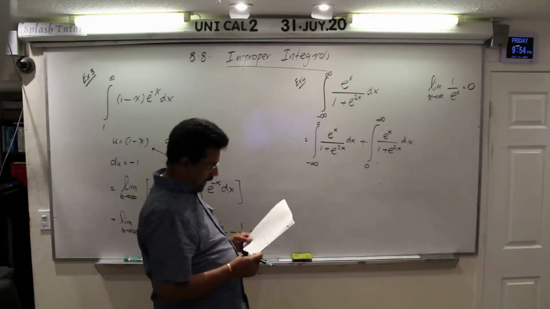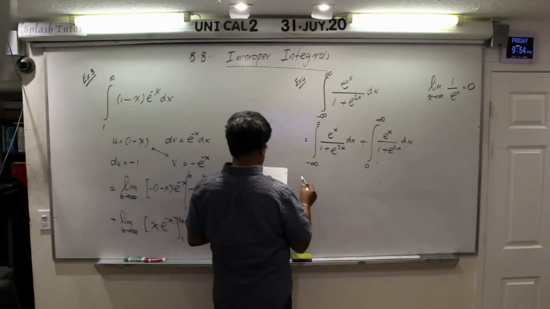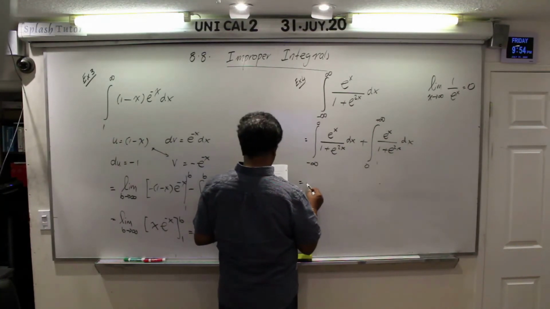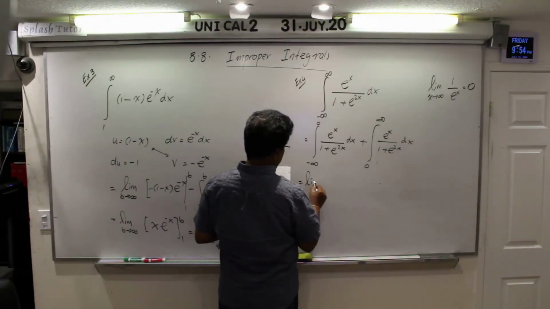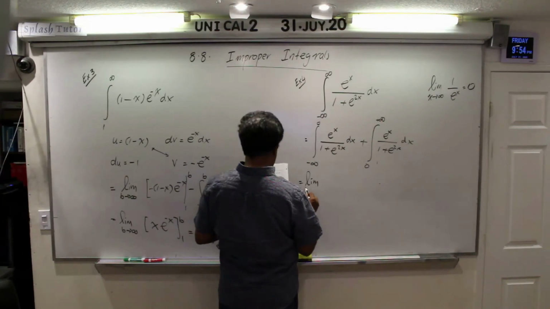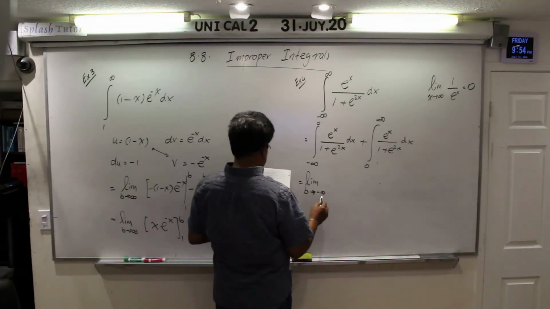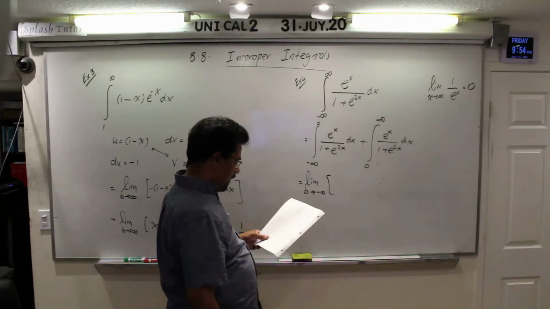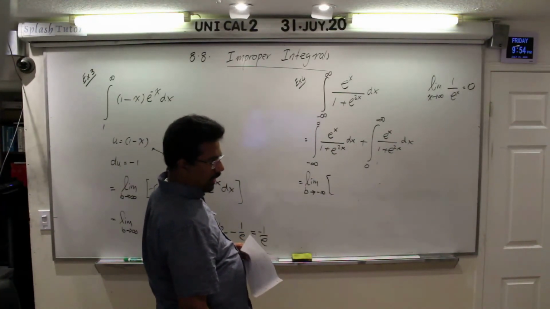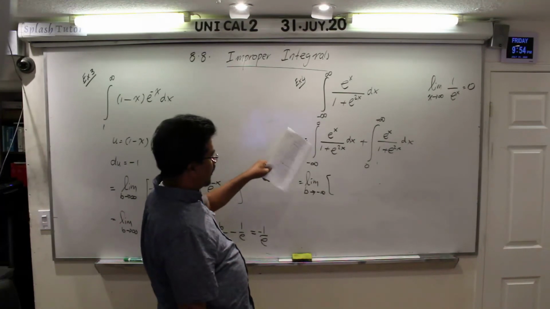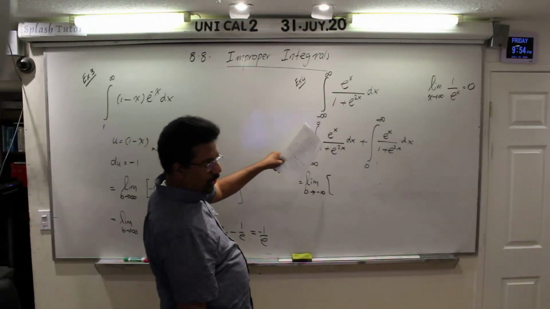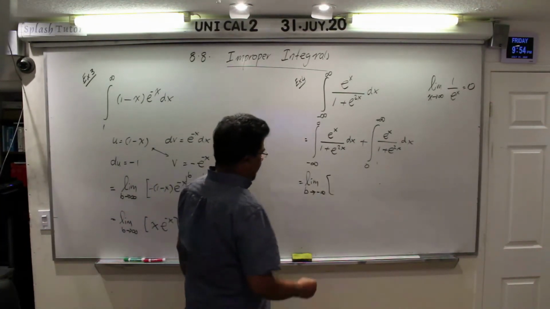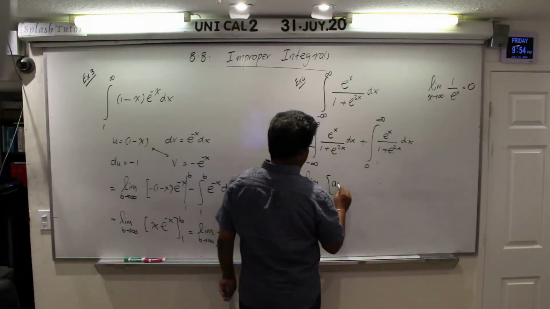Then I can write the limit as b goes to minus infinity. When I integrate this, you get arctan e to the power x, because you can substitute e to the power x equal to u, and then you get arctan.